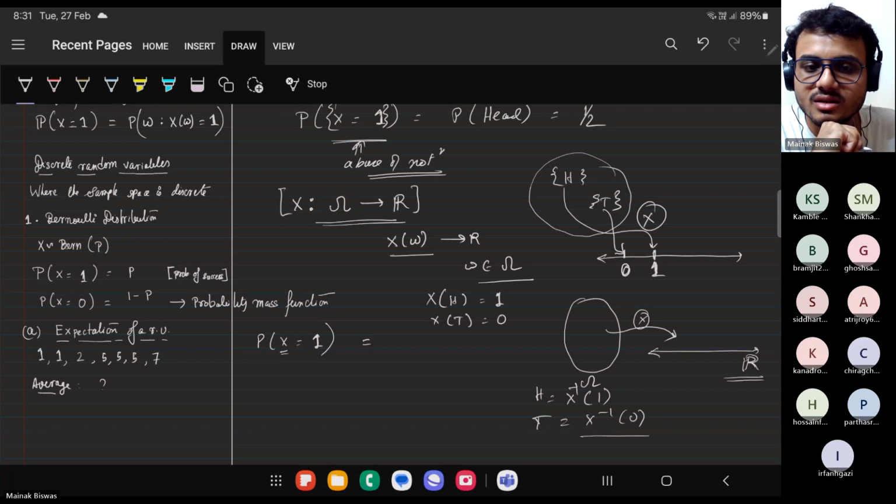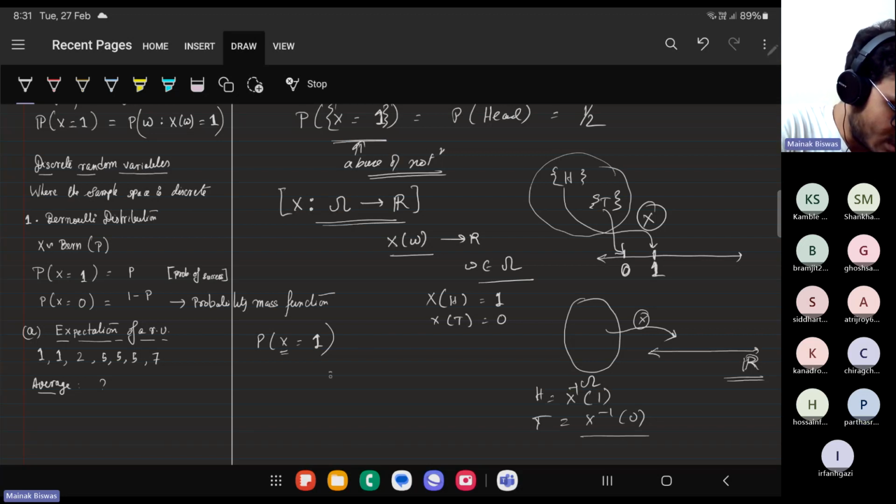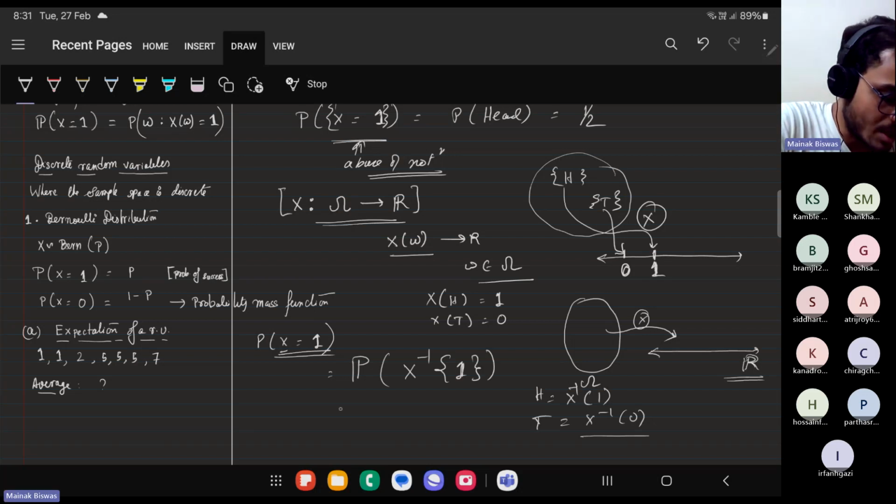Isn't it? Yes. So this actually means what is the probability of X inverse 1? Or in other words, it is the probability of all those events such that X of omega is equal to 1. Do you understand now?